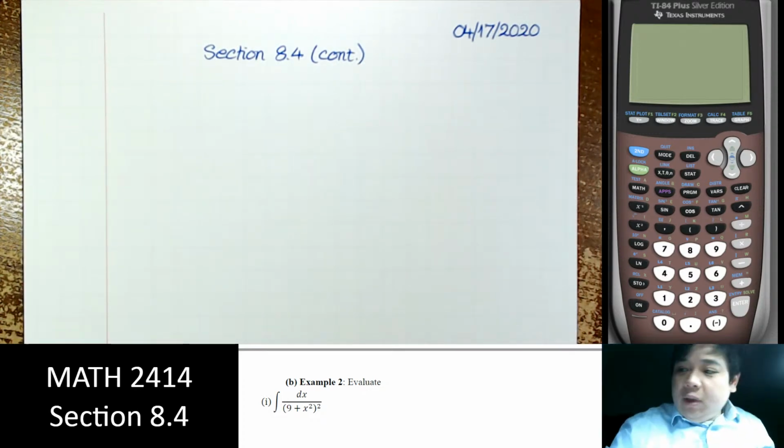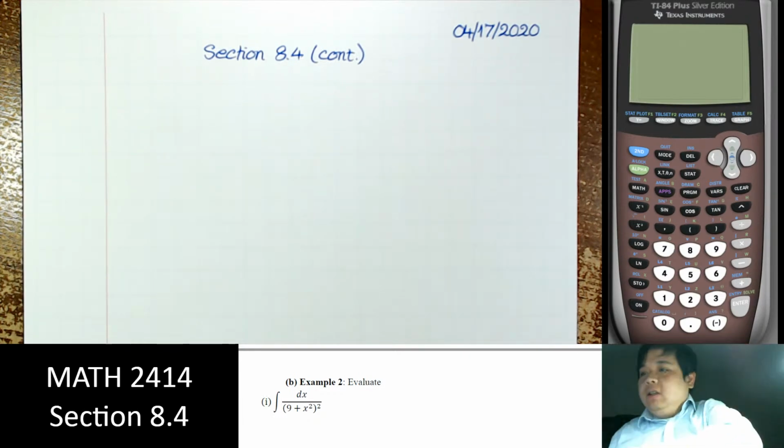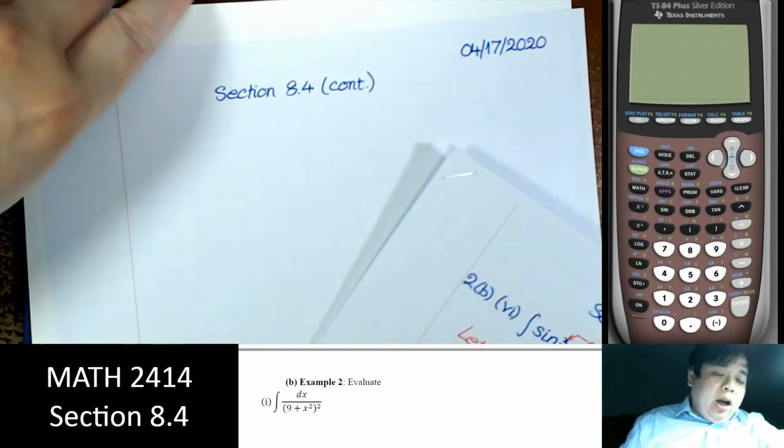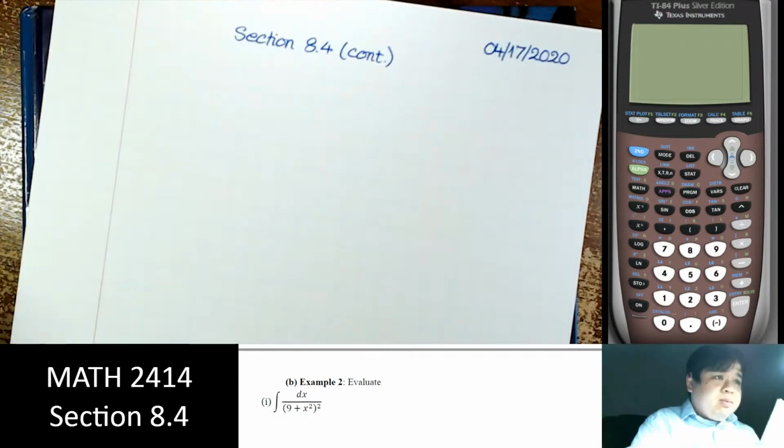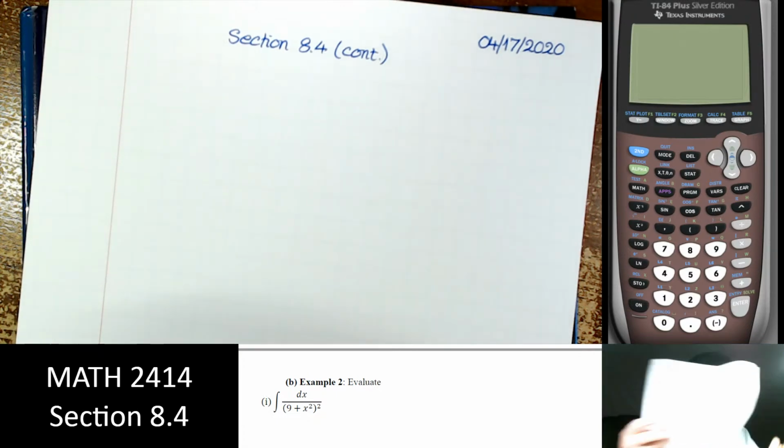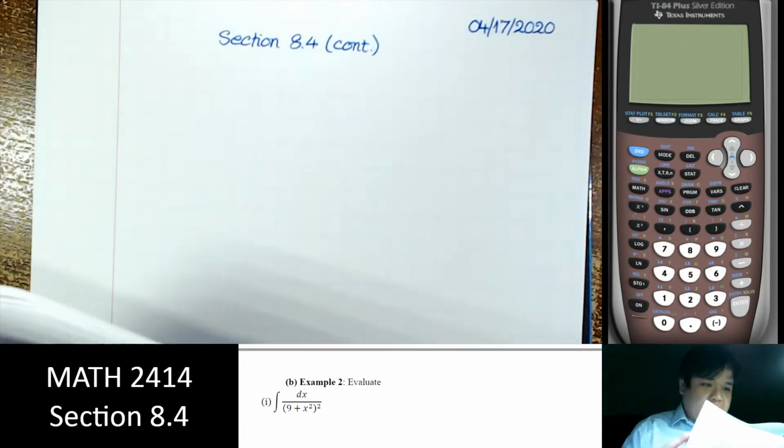Right. So, we start with section 8.4. On recap, this section is called trigonometric substitution. So we're going to let a variable equal a trig function.